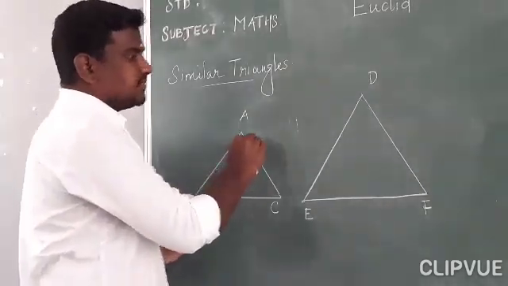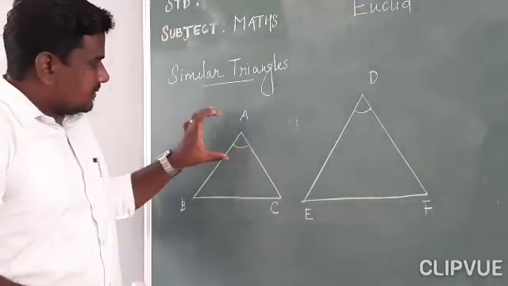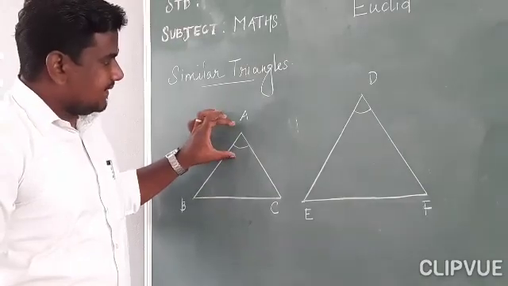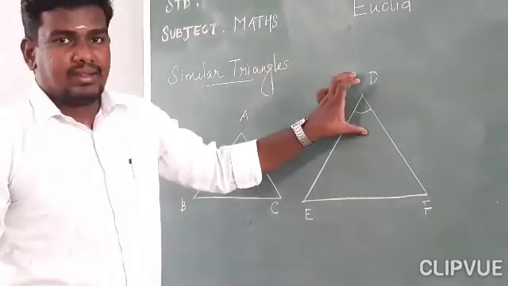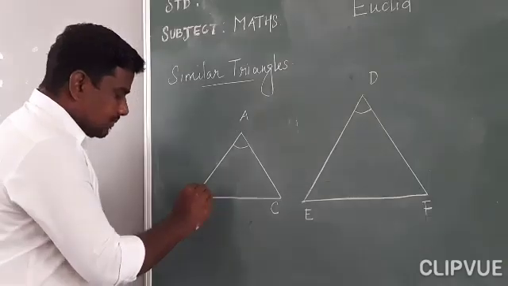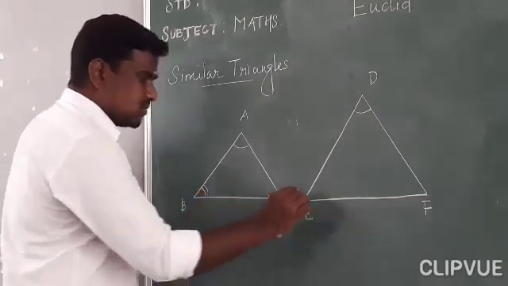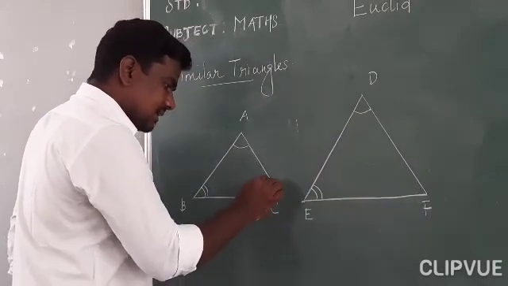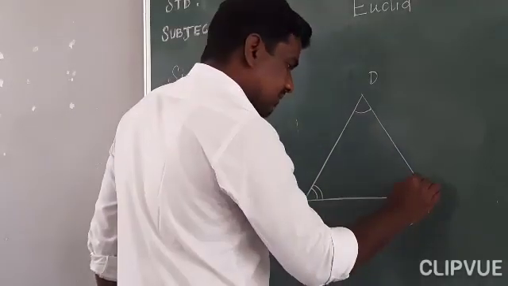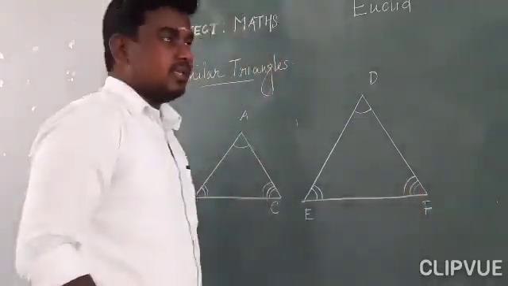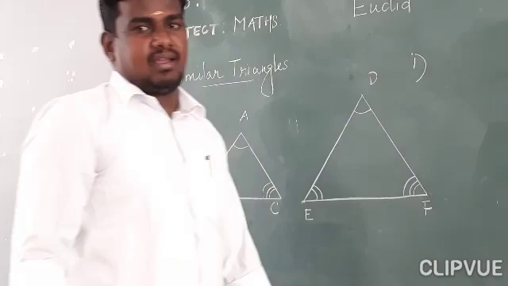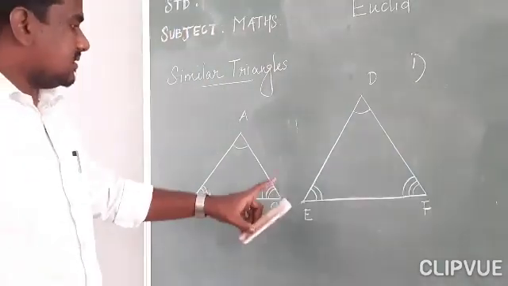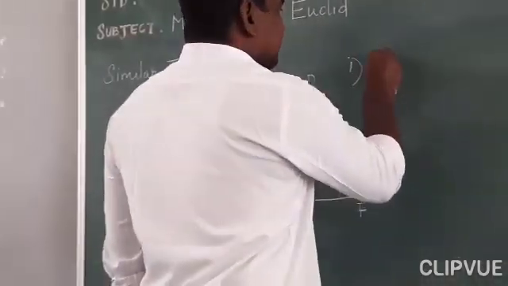Angle A corresponds to angle D, angle B corresponds to angle E, and angle C corresponds to angle F. This is the first condition for similar triangles: if two triangles are similar, the corresponding angles are equal.